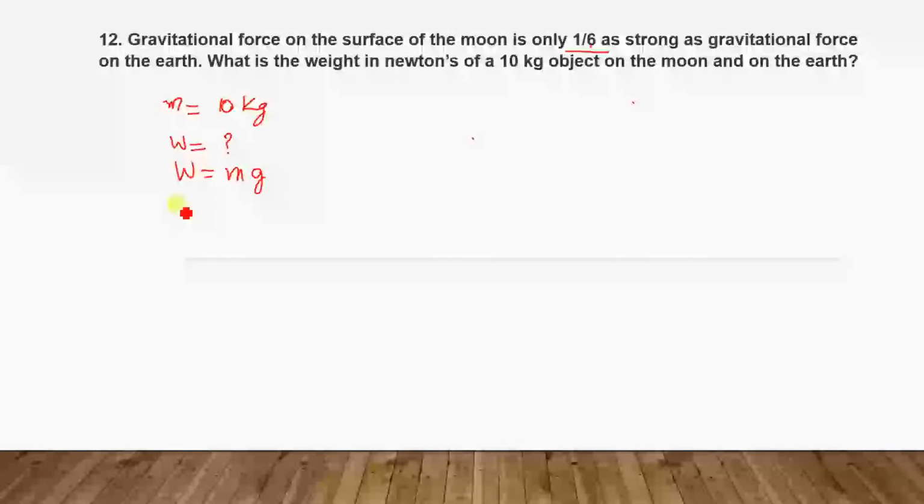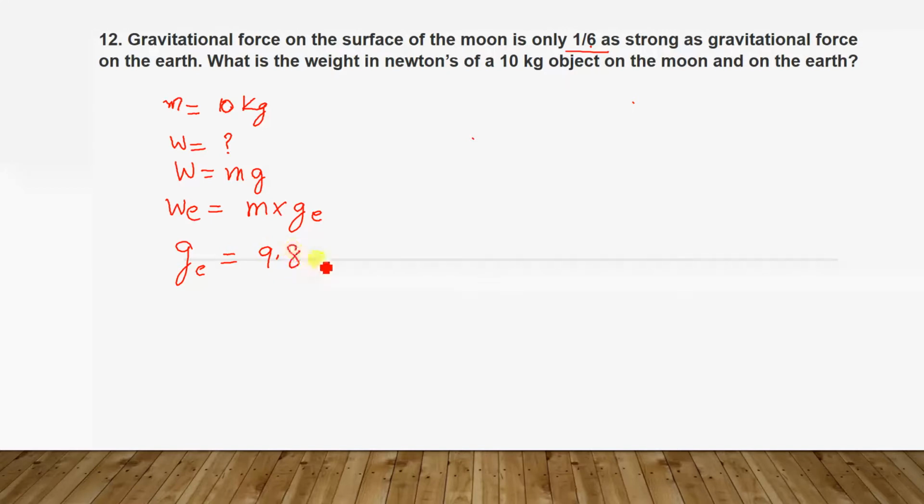Here dear, look, we have to calculate the weight on the moon as well as on the earth. So first we calculate for the earth. For earth it is mass multiplied by acceleration due to gravity on the earth. Now what is the value of g on earth? It is 9.8 meter per second square.